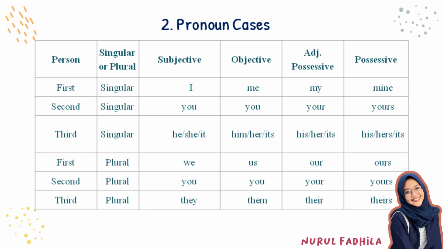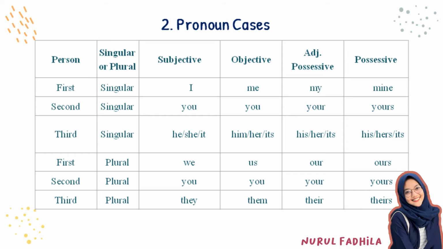For the third person singular: he, she, it as subjective; him, her, its as objective; his, her, its as adjective possessive; his, hers, its as possessive.